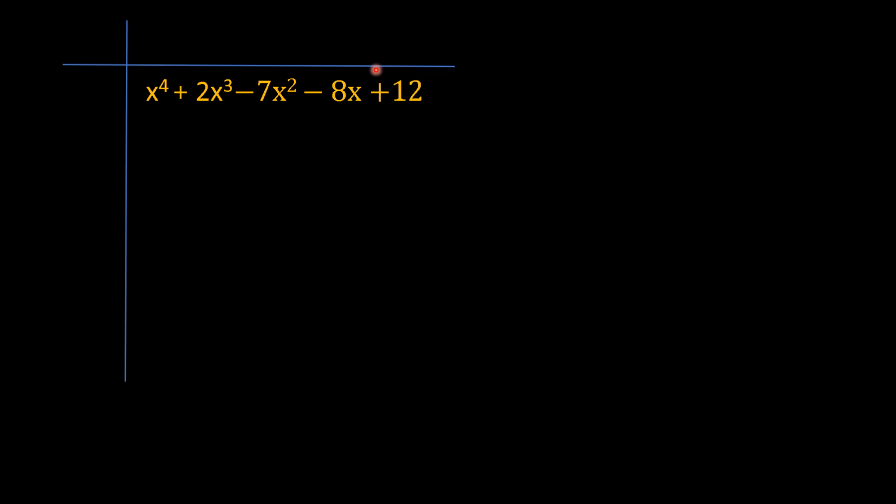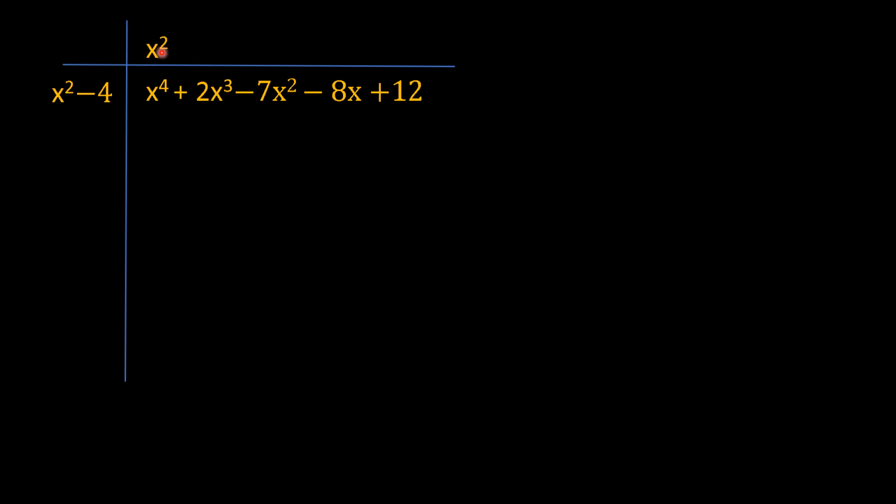Now we will carry out the long division process. For that, first we will write the dividend, then we write a horizontal line like this, then a vertical line here, and then we write the divisor x squared minus 4 here. We will divide the first term x raised to 4 by x squared, which gives us x squared, which we write here.